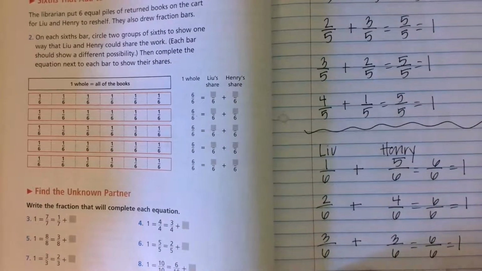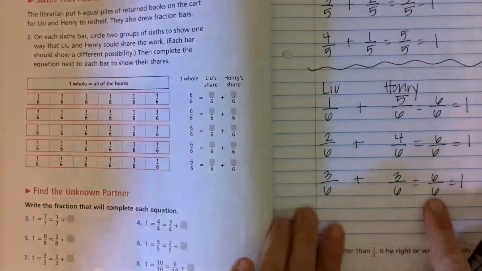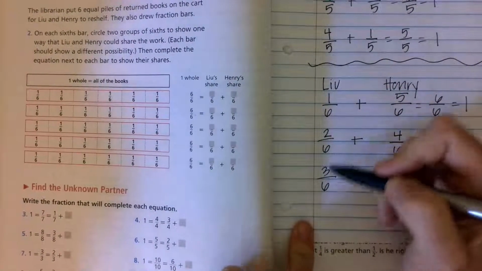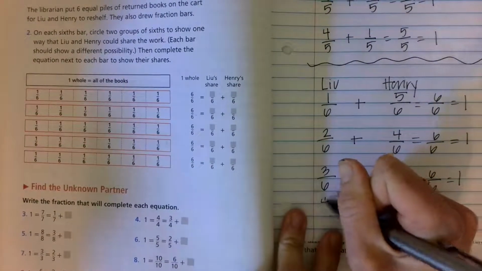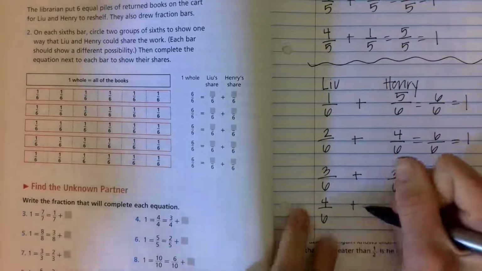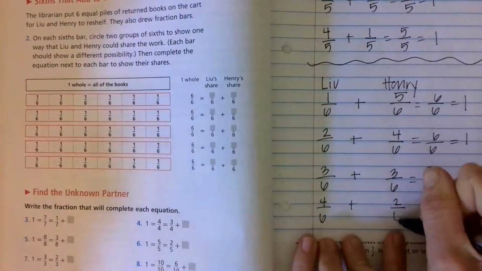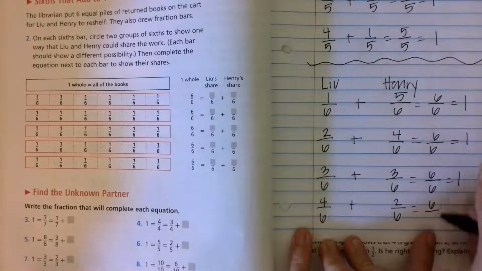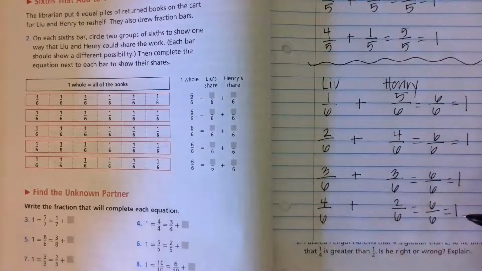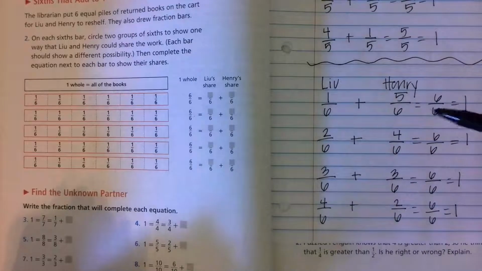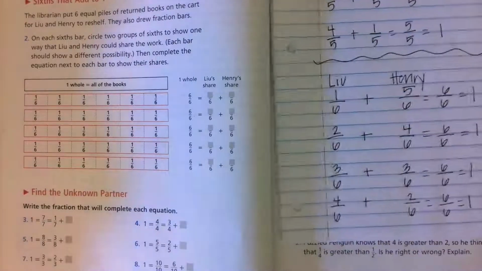Okay, we've done 1/6, 2/6, 3/6. Let's try 4/6. So if we have 4/6 covered up, then that means we would have 2/6 left.